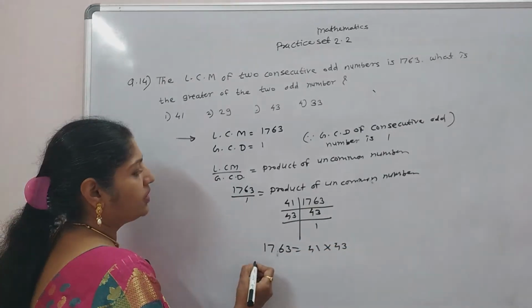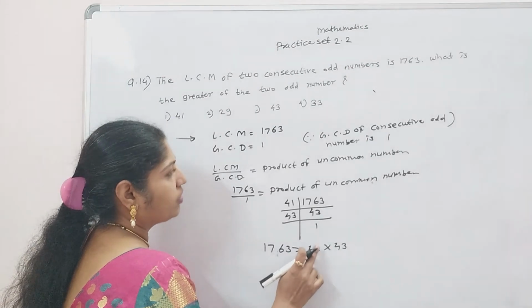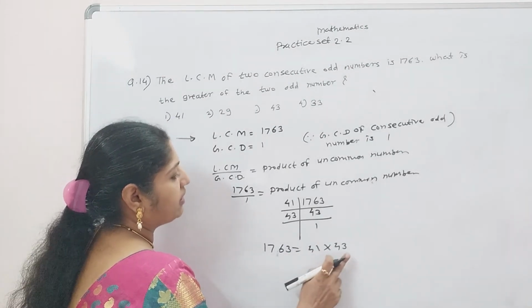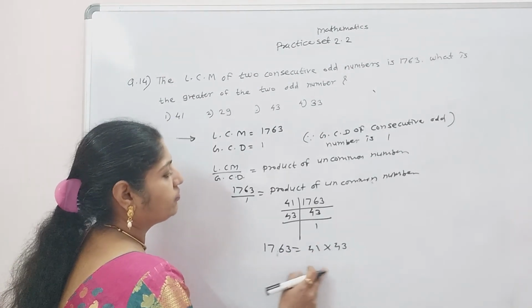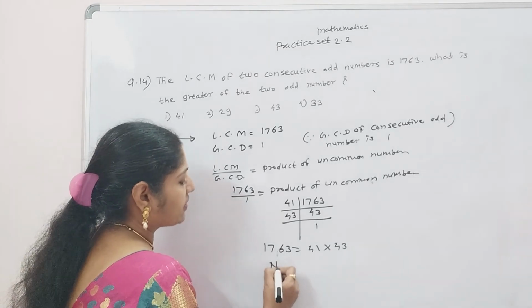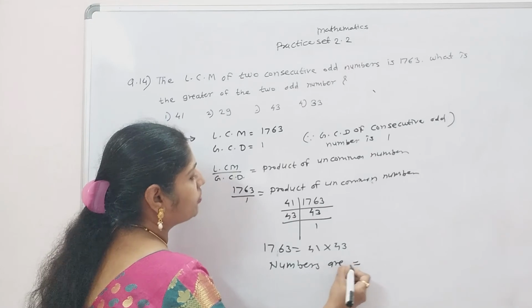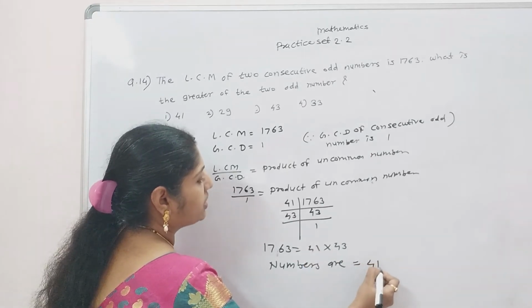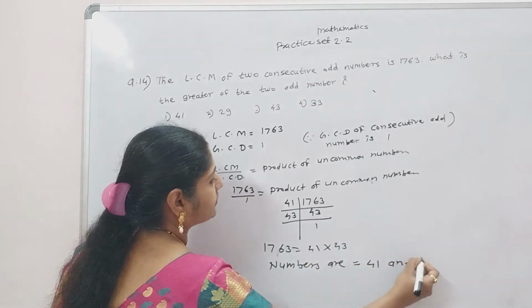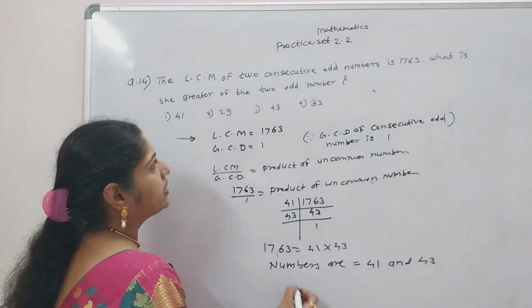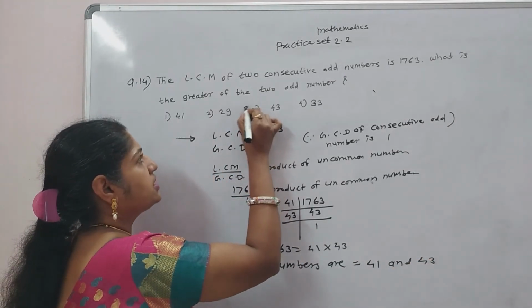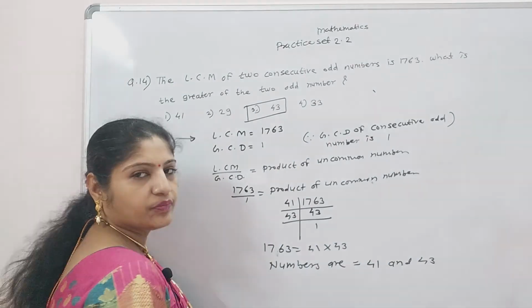So the first number is GCD into 1 into 41, 41, and the other is 1 into 43, 43. So the numbers are 41 and 43, and the greater number is 43, so the answer is option number 3.